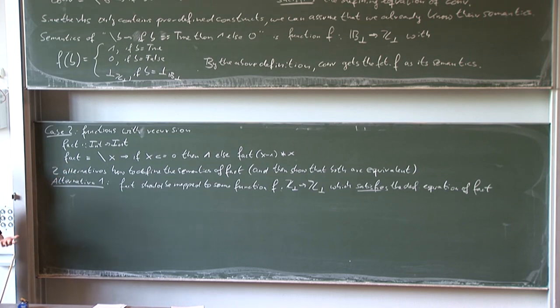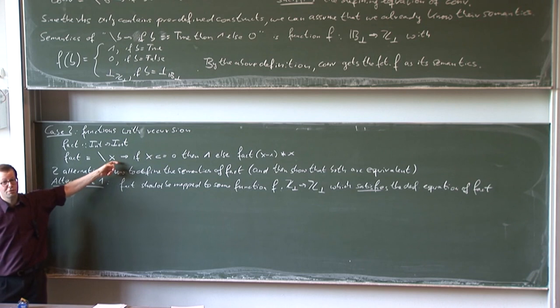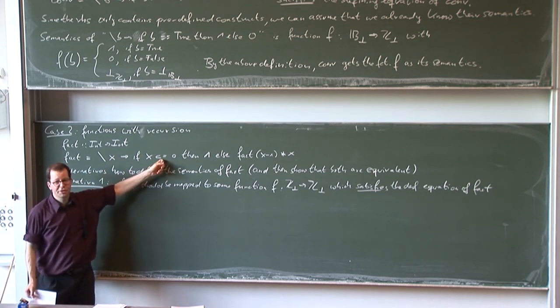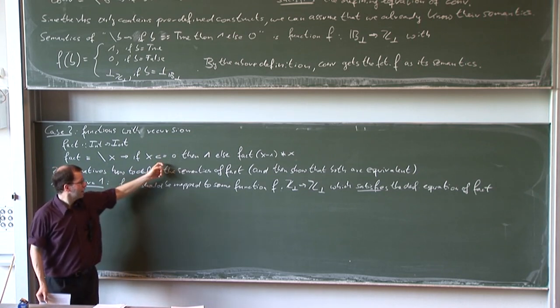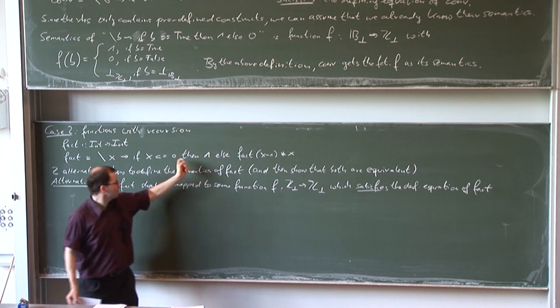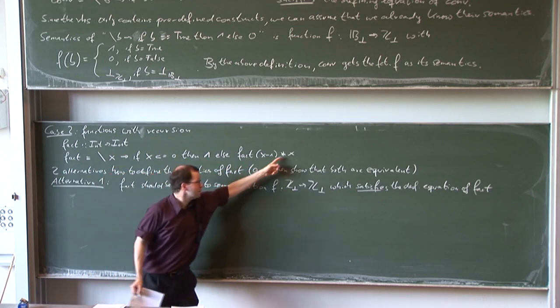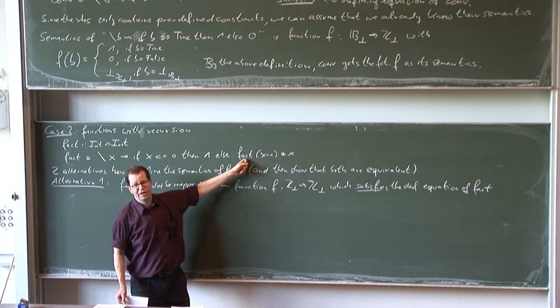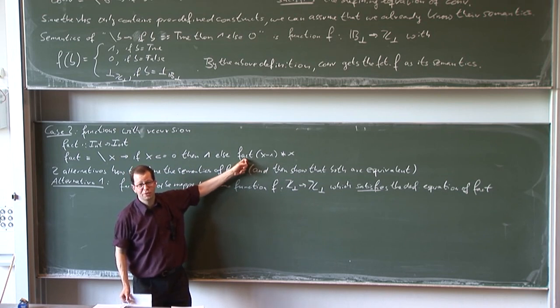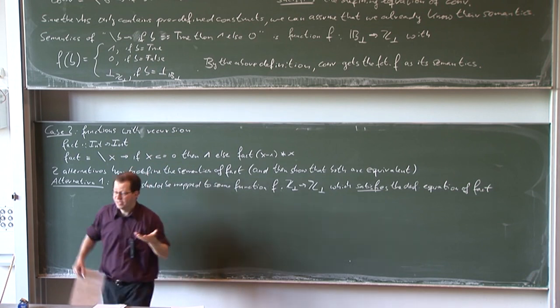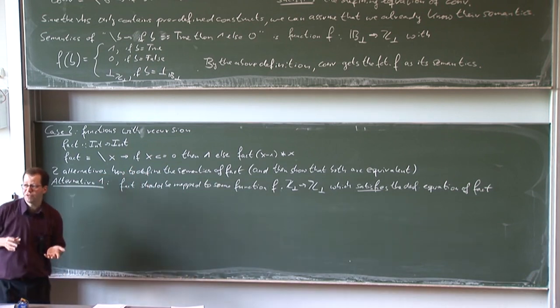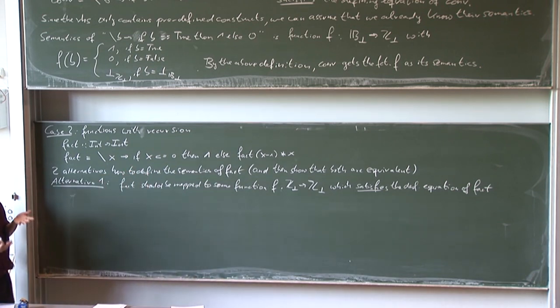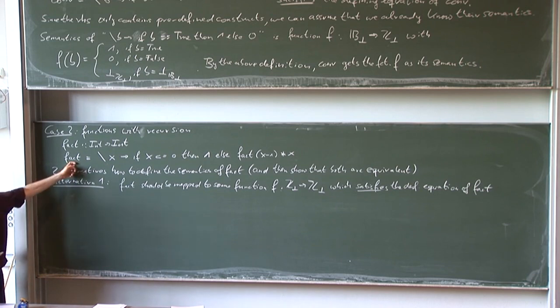Now, for fact, this is not possible because we don't know yet how the semantics of the right-hand side looks like. I mean, we know less than or equal is predefined. So the semantics of less than or equal, we know. And the semantics of if, we know the semantics of 0 and 1, and of times, and of minus. But here we have fact. Now, the semantics of fact, we do not know yet. That's what we want to determine. We want to find out if we know the semantics of all predefined functions, how could we then define the semantics of fact?